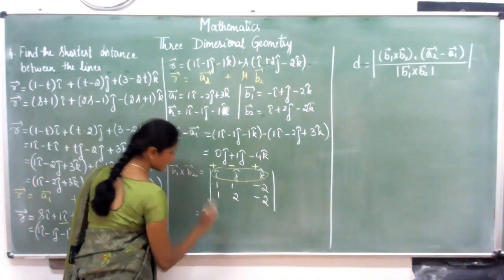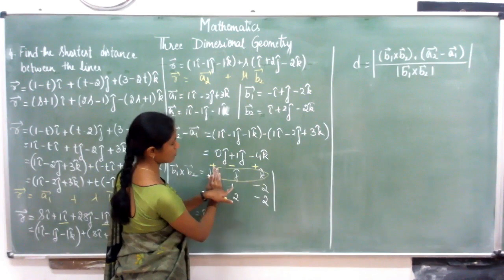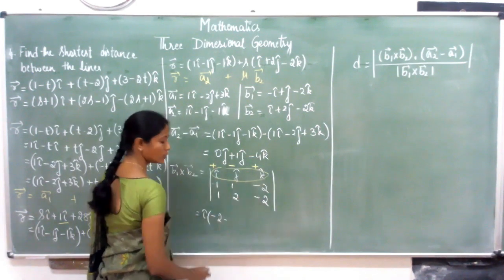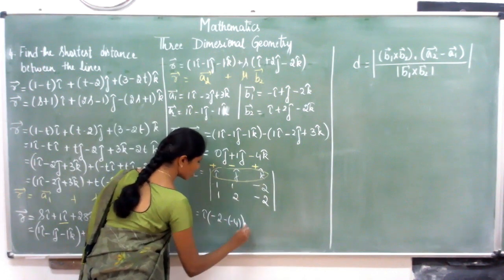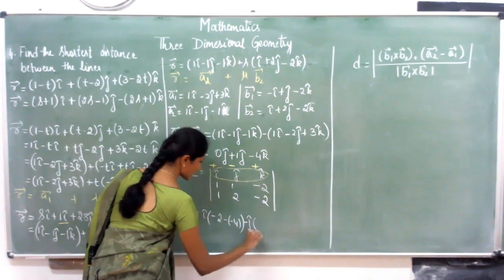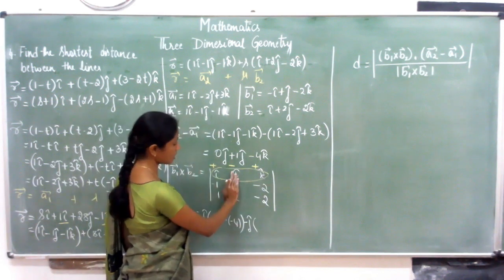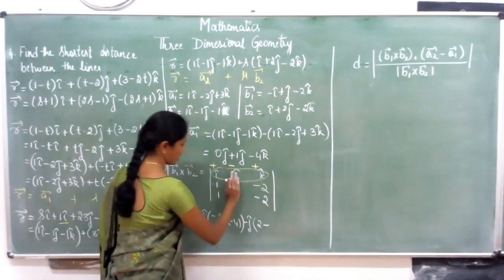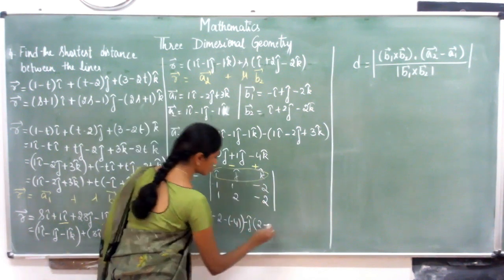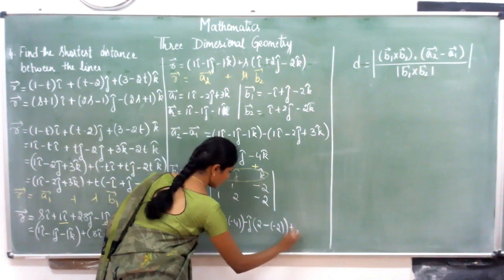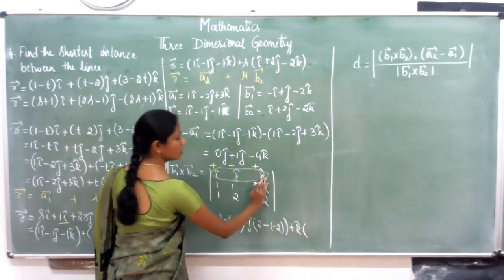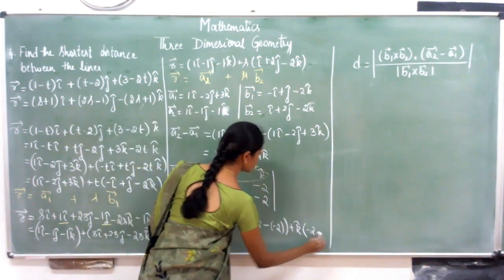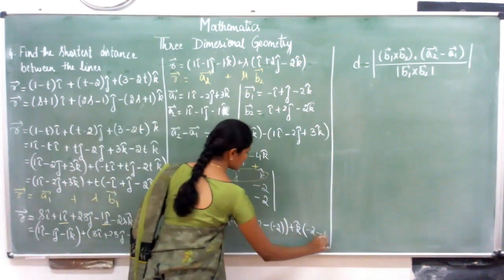So plus i cap into, neglecting the first row and first column, 1 into minus 2, which is minus 2, minus 2 into minus 2, which is minus 4. Then minus j cap into, neglecting the first row and the second column, minus 1 into minus 2, which is plus 2, minus 1 into minus 2, which is minus 2. Then plus k cap into, neglecting the first row and the third column, minus 1 into 2, minus 2, minus 1 into 1, which is 1.